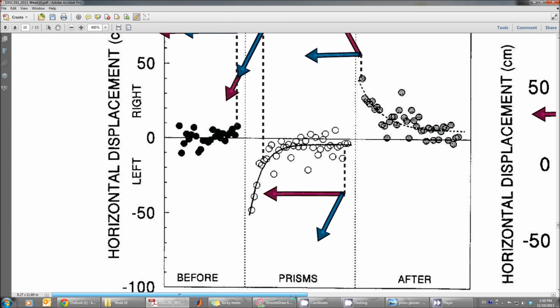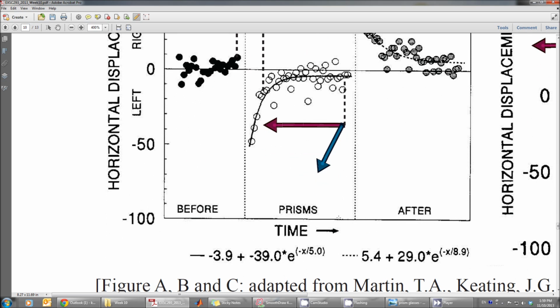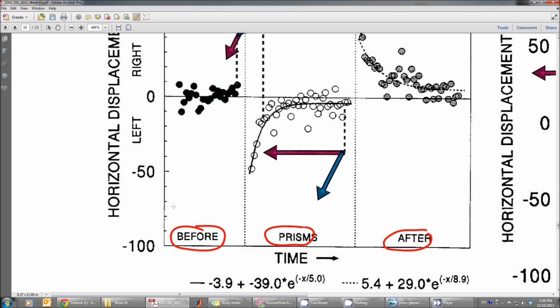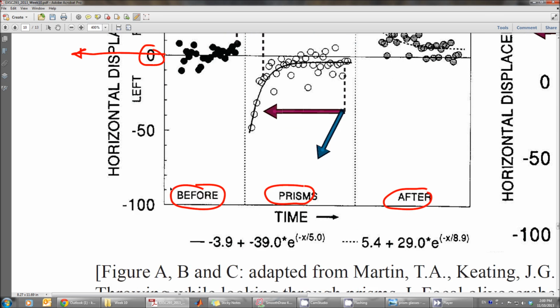If you see the left-hand side, there's time on the x-axis: before wearing the prism glasses, and after wearing the prism glasses. You'll see the displacement of the ball in relation to the target, and 0 means the bullseye, straight to the target, with deviation to the right or left.